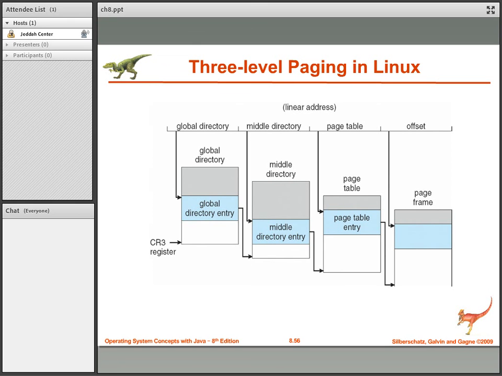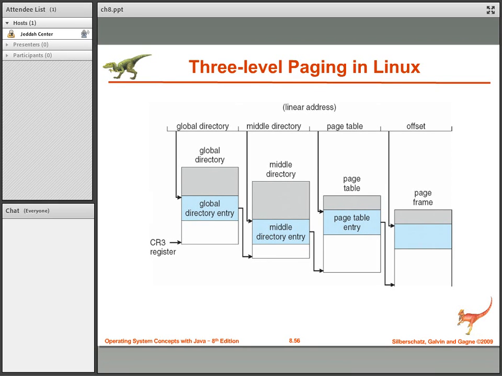Then the global directory goes into the global directory as a global directory entry. This will be tracked in the middle directory by the middle directory entry, which goes into the middle directory.